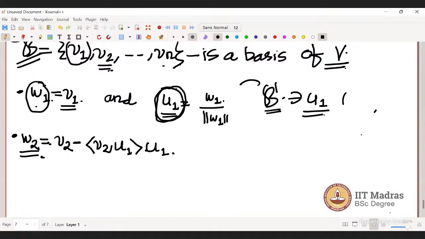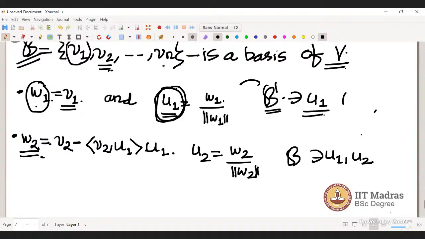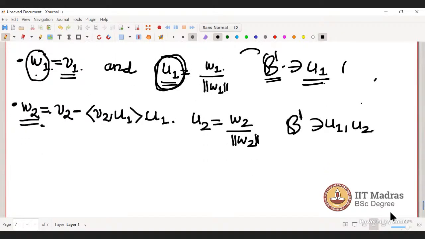So for that I have to divide W2 by its norm, which I will denote as U2. So U2 is W2 divided by its norm. Then U1 is the first element and U2 is the second element of my orthonormal basis.